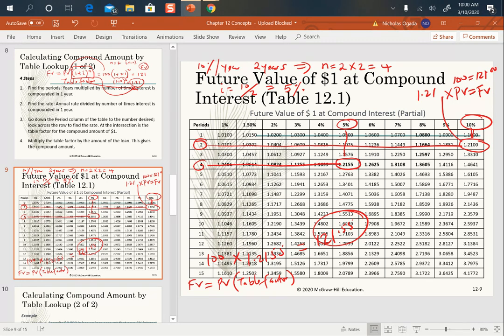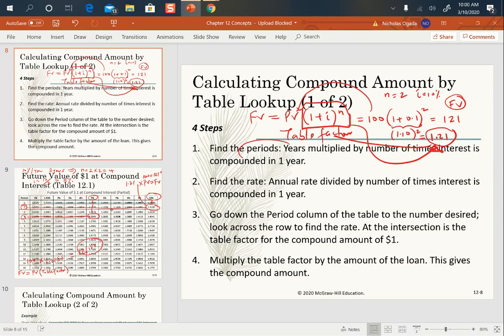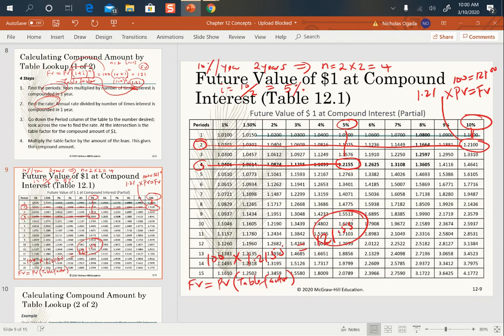So again, the key idea is to identify the number of periods and the rate per period. Then we just walk through to the intersection of the two, which is where the future value interest factor is, and we use that value to multiply with the present value, and that will give us the future value.